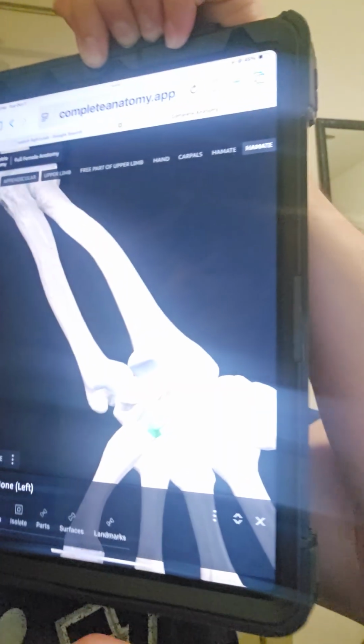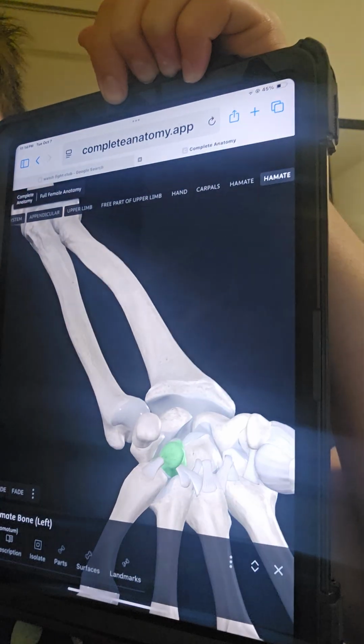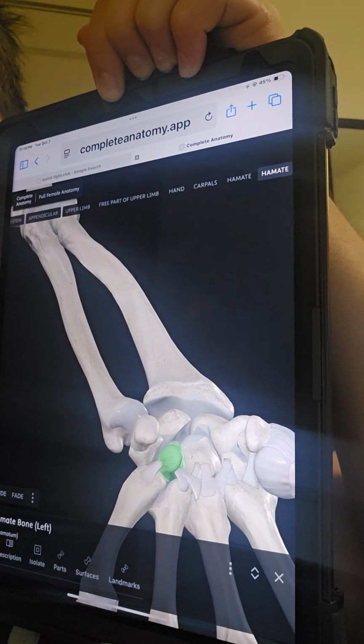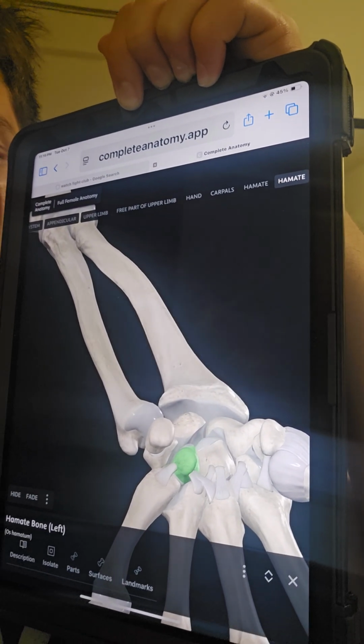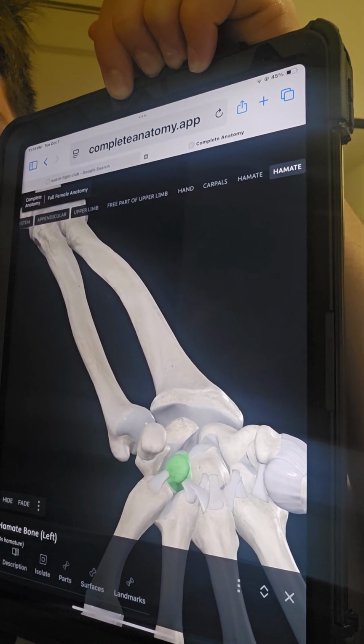And the extensor digiti minimi may experience some passive insufficiency when it's stressed across both the wrist and the fingertip joints. And it just plays a critical role in the hand's adaptability to cup and to grip.